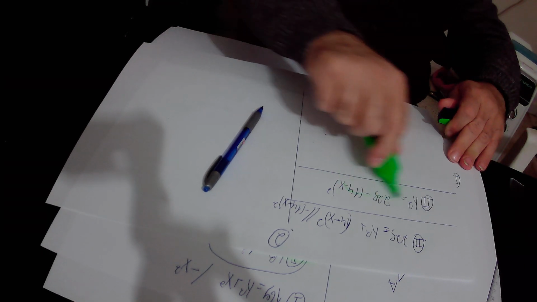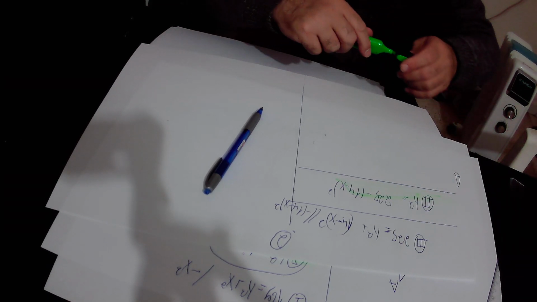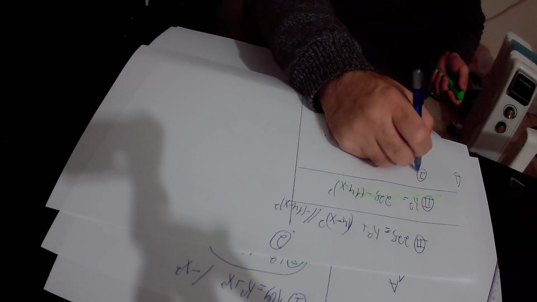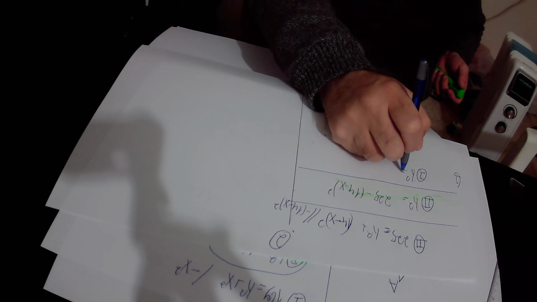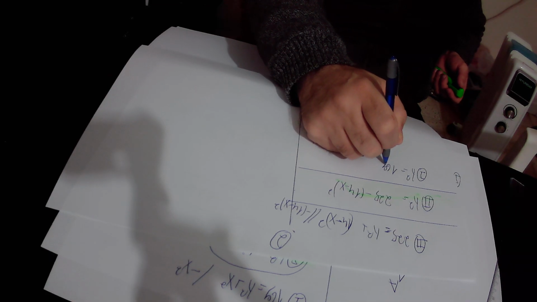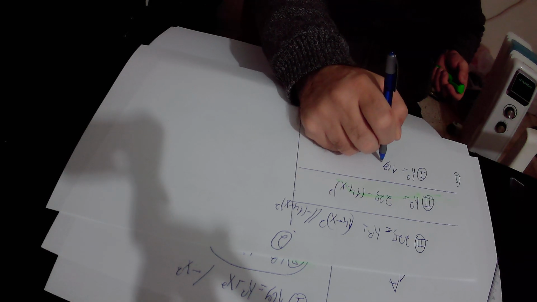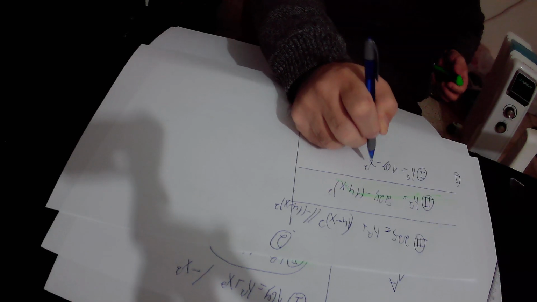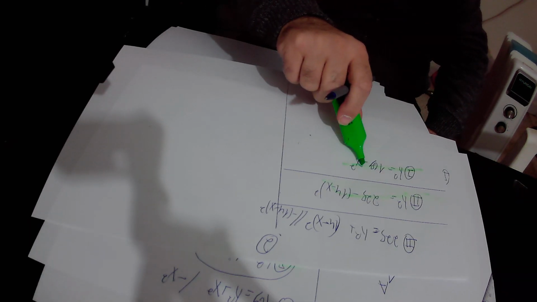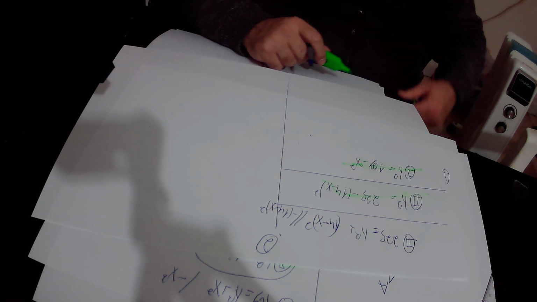While according to equation number 1, we have already found out that h squared equals 169 minus x squared. So we have two different equations for h squared.